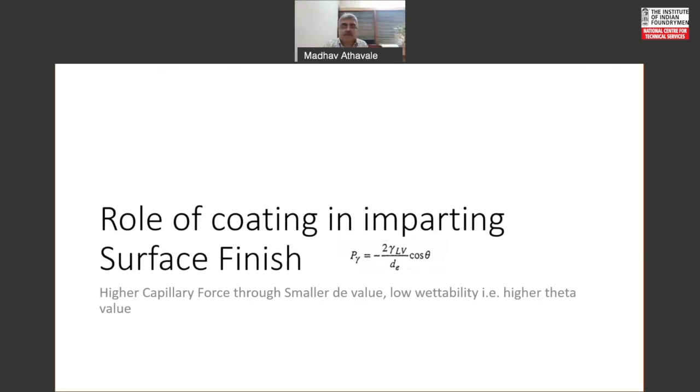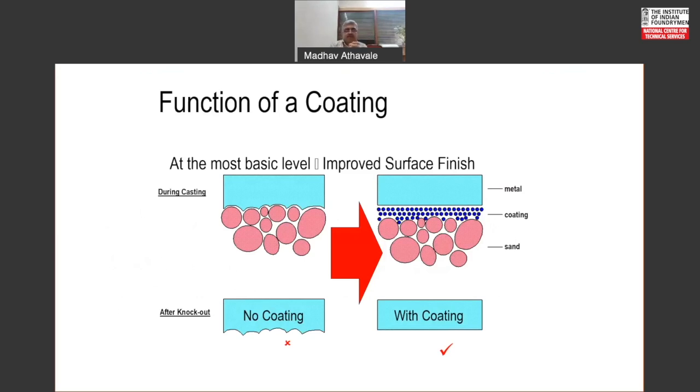The type of sand or type of refractory in case of surface finish, in case of coating, will also have an impact. That is the way it is going to act in deciding the surface roughness or presence or absence of surface defects.